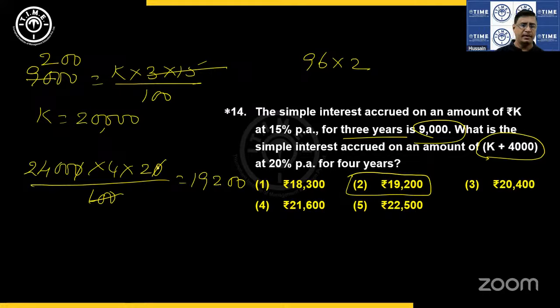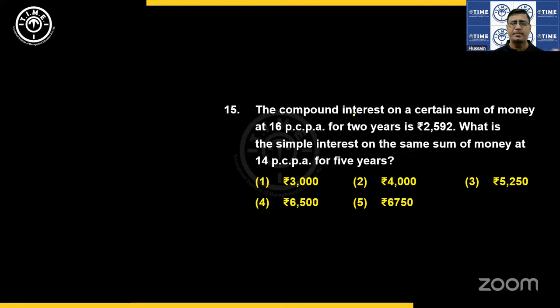Okay. Next example on your screen. The compound interest on a certain sum of money at 16% per annum for 2 years is rupees 2592.